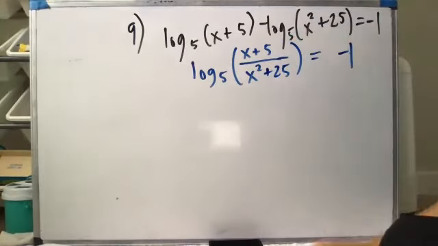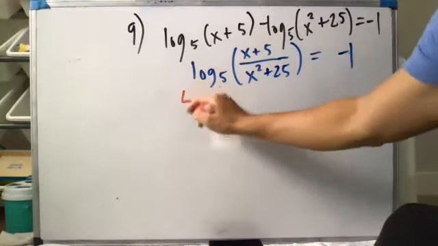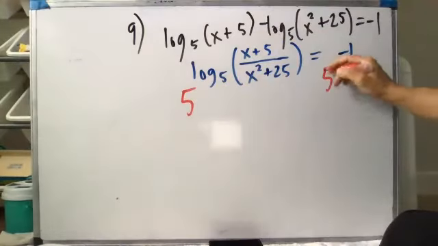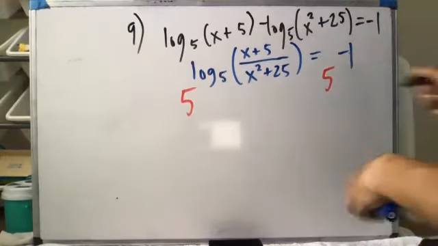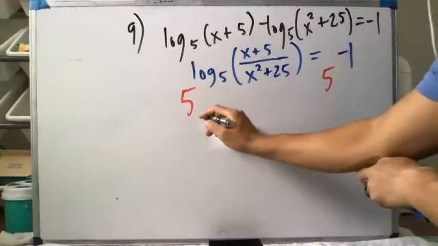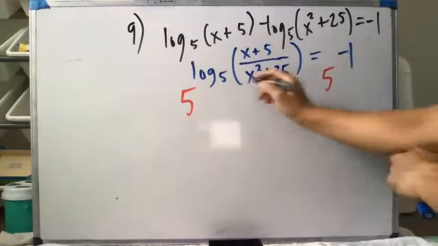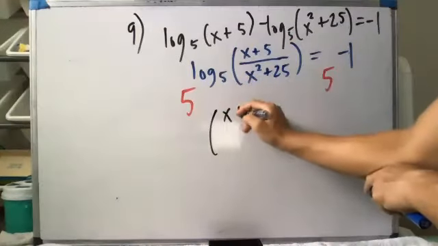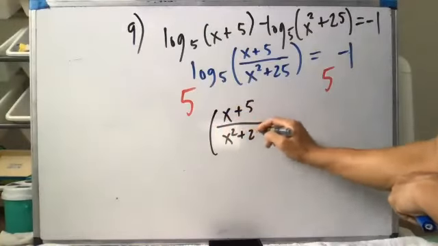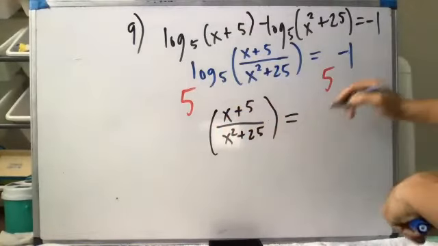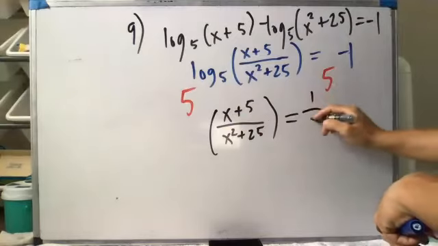And this time, log base 5, so I'm going to take 5 to that power. The 5's undo each other, so on the left side it's just whatever is inside: x plus 5 over x squared plus 25. And on this side, 5 to the negative 1 power is 1 over 5.